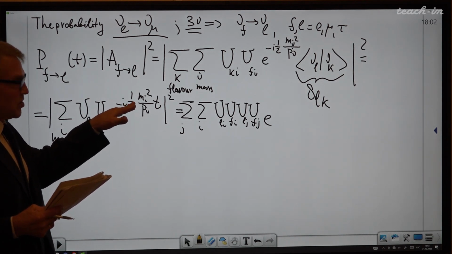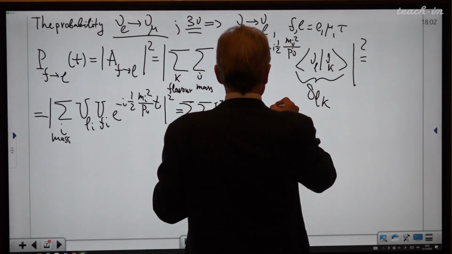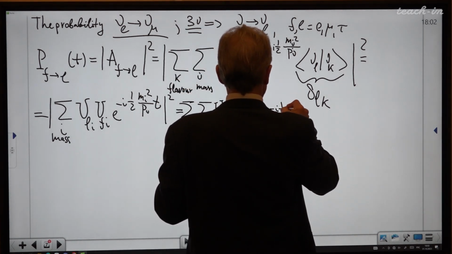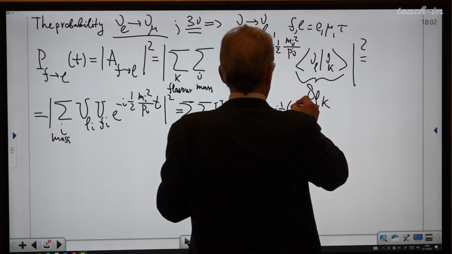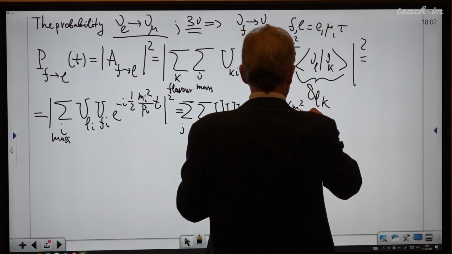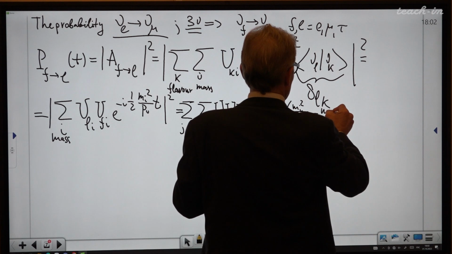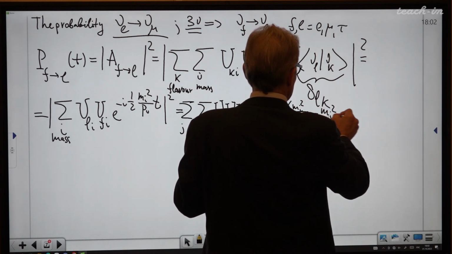And here, what is in the exponent is also doubled in the following way: minus i divided by 2, m_i squared divided by p_i minus m_j squared divided by p_j.